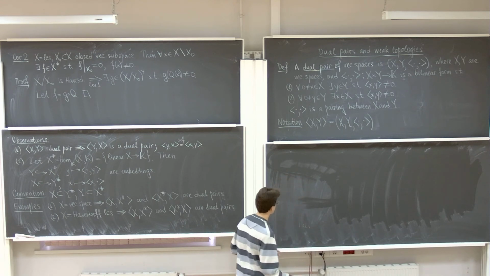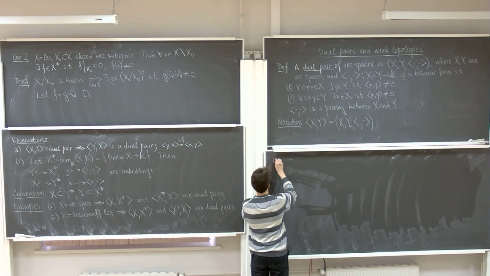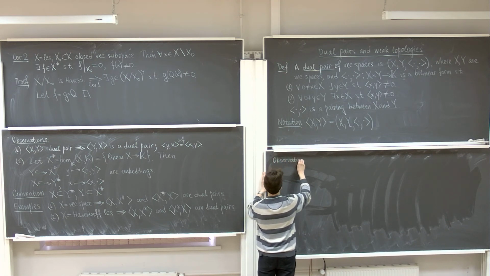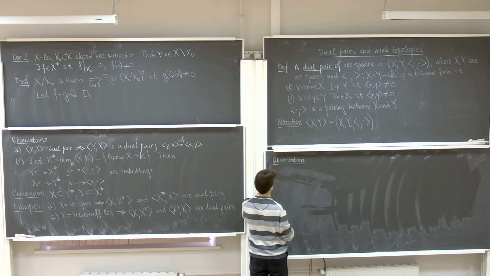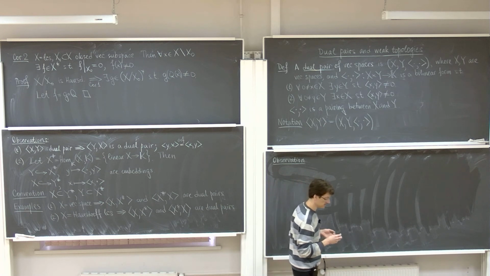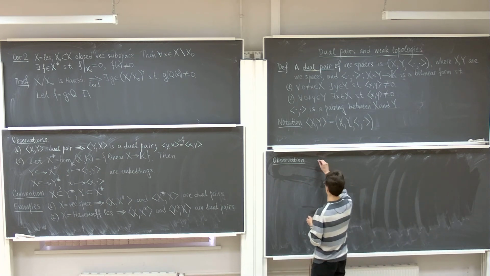Okay. By the way, one more simple observation, which relates dual pairs to the canonical inclusion of a normed space into the bidual. So suppose that X is a normed space.